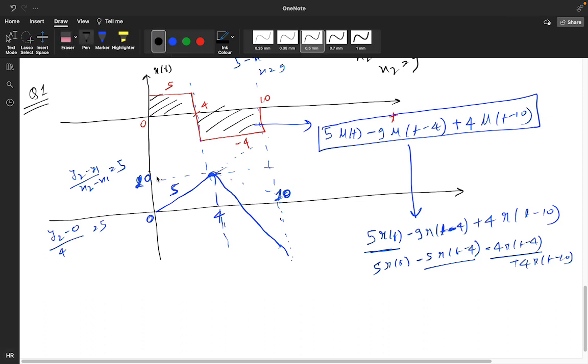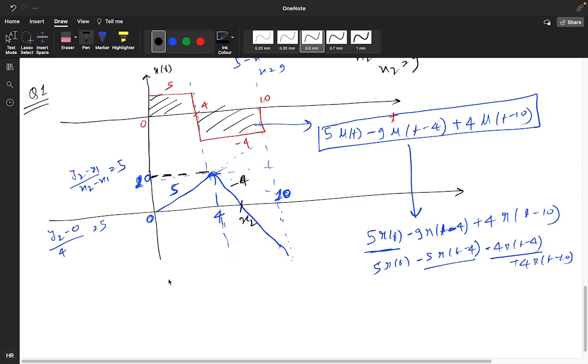Okay, so this value is 20, and we need to find the equation. The slope is minus 4. This slope is minus 4. Okay, so I am assuming this particular midpoint value is the x2 value.